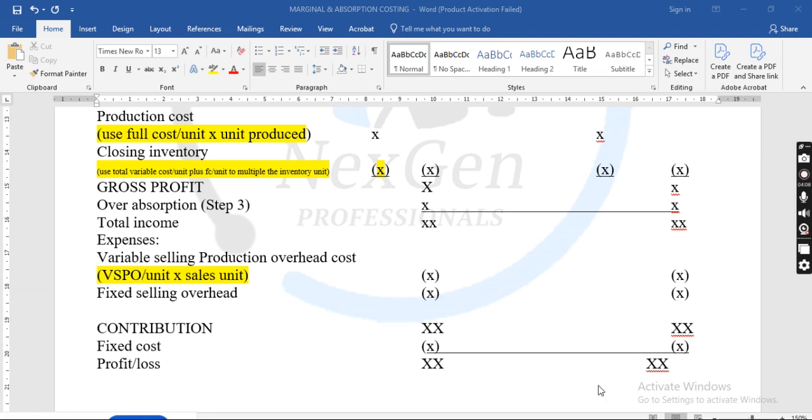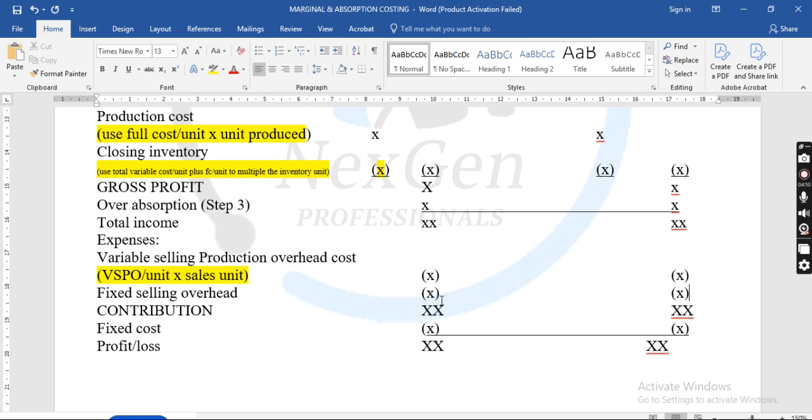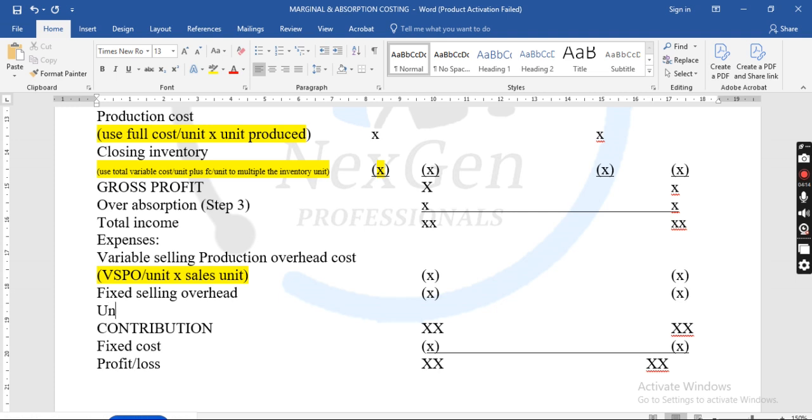Now, if that is established, what you will have when you deduct is, let me add under absorption. So we can have that here as under absorption, and that has been established in work 3.